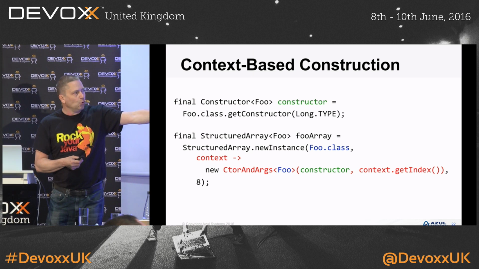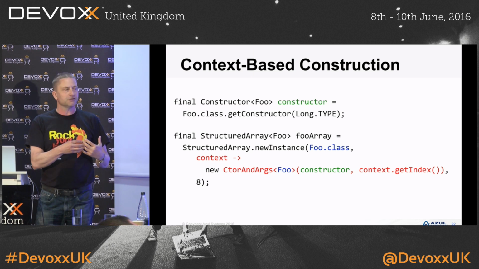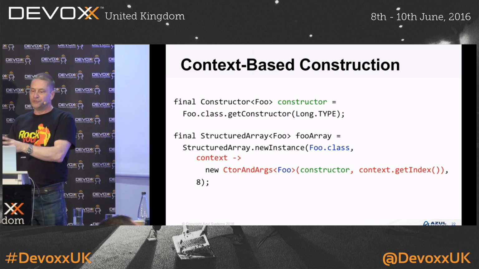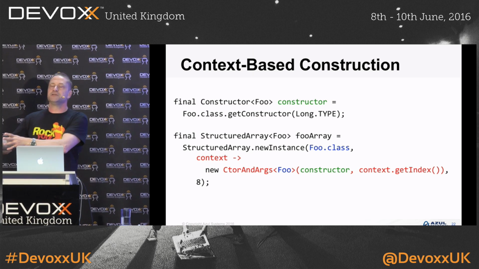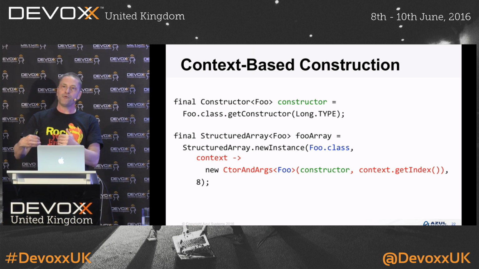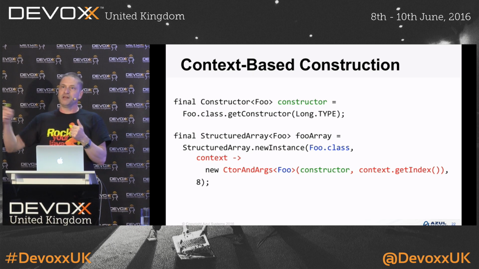And then we can call new CtorAndArgs of type Foo, so it's going to use the constructor that we've got by passing it in there, and it's going to use the context getIndex. So we'll get the index of that object in order to pass that as a parameter to the constructor and create the objects that populate the StructuredArray.